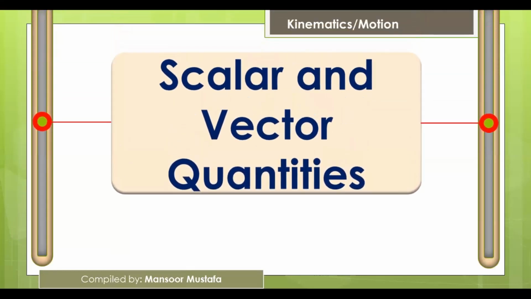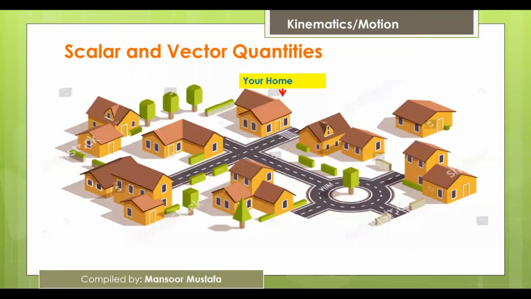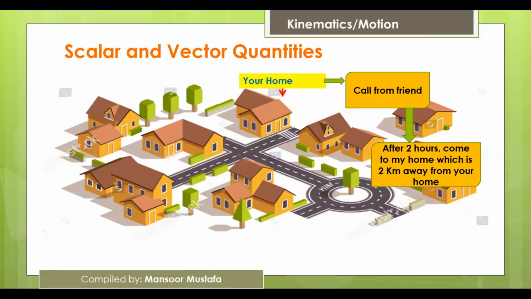Now let's start with our first topic, scalar and vector quantities. Let's consider this is your home. You are staying at home. Let's say you receive a call from your friend, and your friend asks you to come to his or her home for a group study after 2 hours, and your friend tells you that his home is 2 kilometers away from your home.